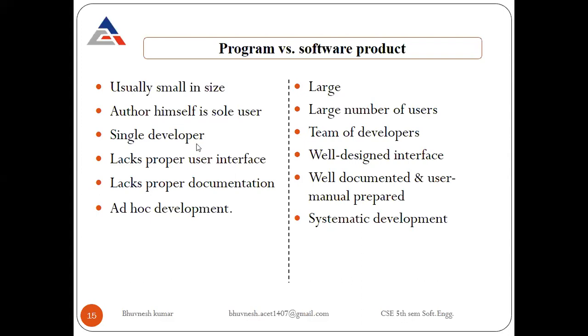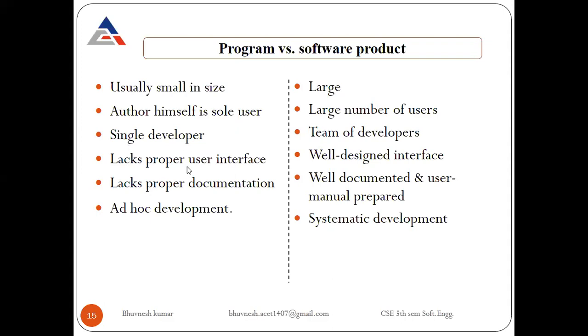But in a software product, a team of developers is there. The payment module is made by another developer. The login module is developed by another developer. And in between, the men category, women category is developed by another, that is a team of developers.